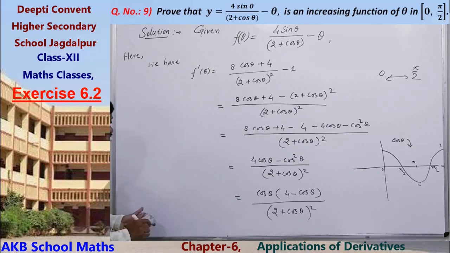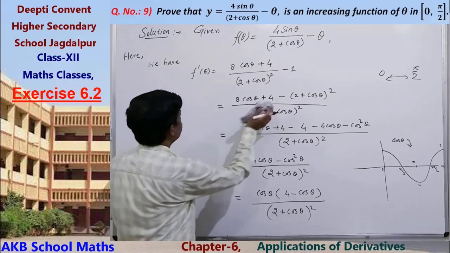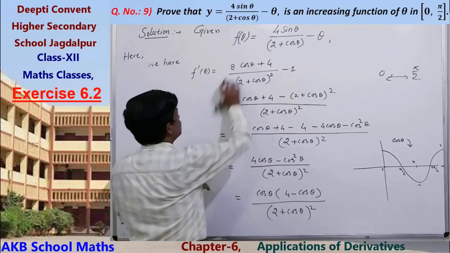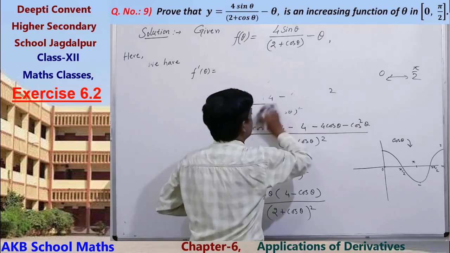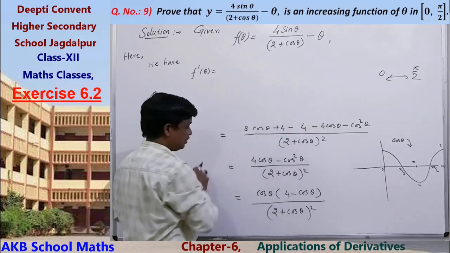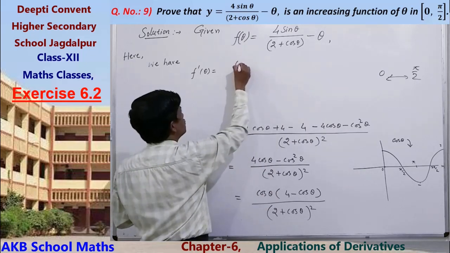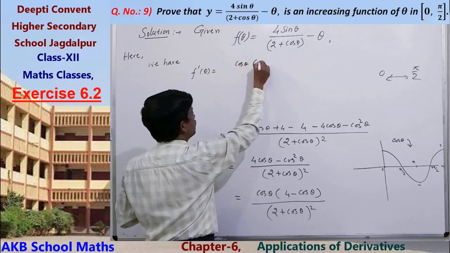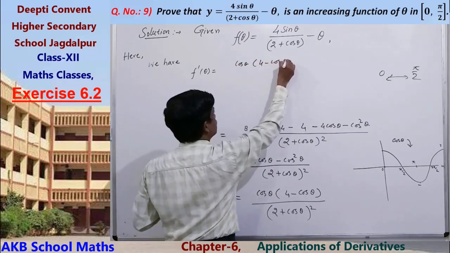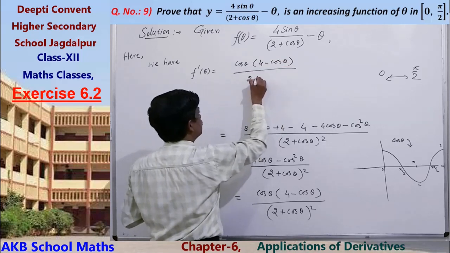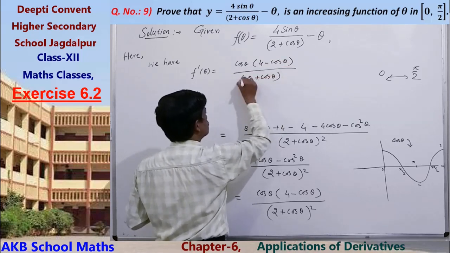This is the sign value of f dash theta, so we just have to write this value here: cos theta (4 minus cos theta) upon (2 plus cos theta) square.